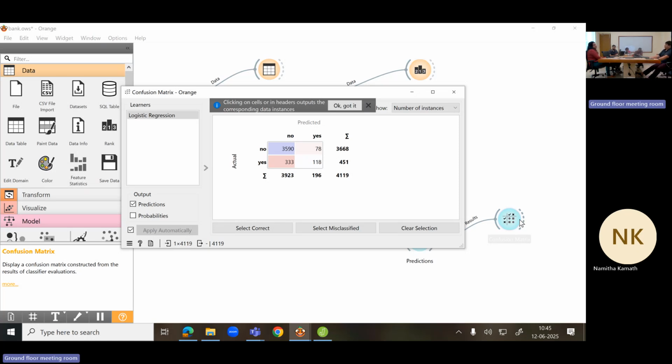What is the cost involved in contacting such people? They are not targeted customers, and we are spending money on them, which means waste of money.